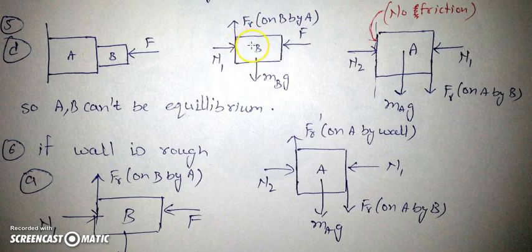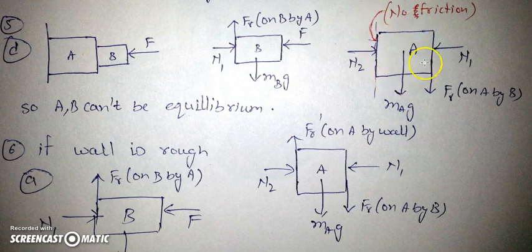Only then can it be in equilibrium. So the friction on A by B, which is just the reaction of this force, should be in the downward direction on A. So A has two forces in the downward direction, mAg and this friction on A by B, but the wall is not able to provide any friction because it is smooth.